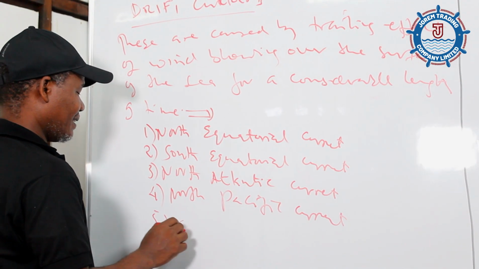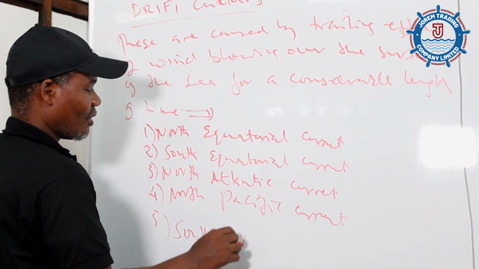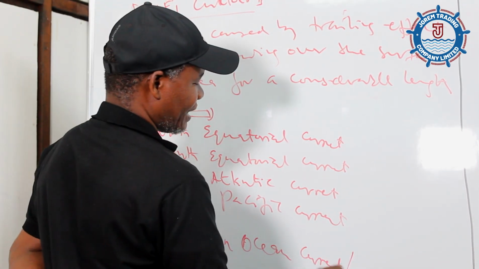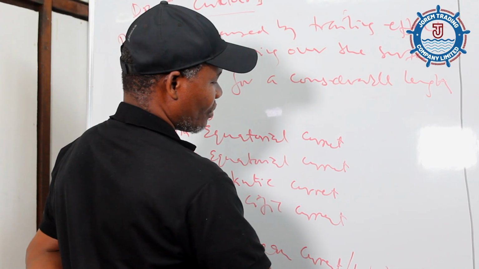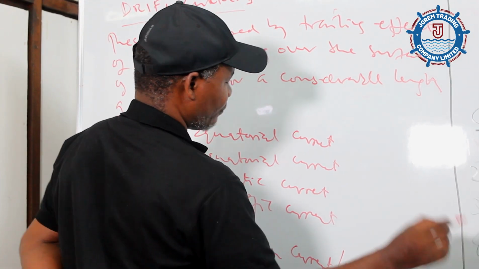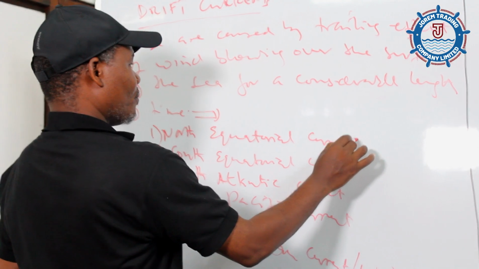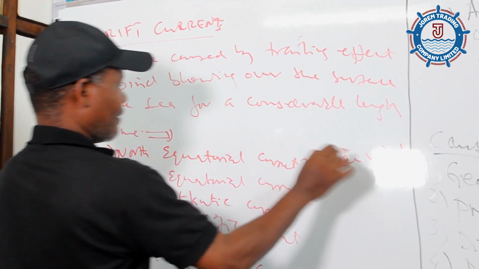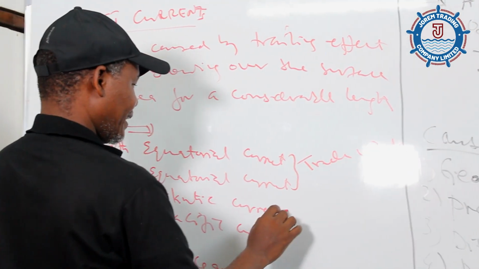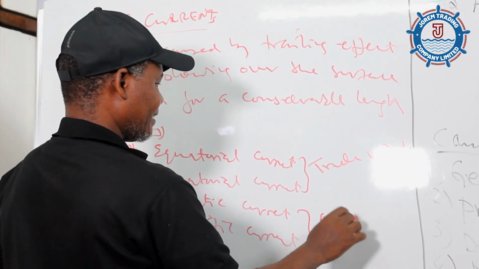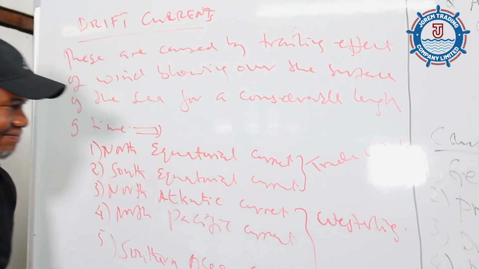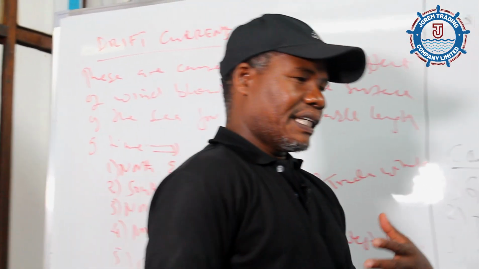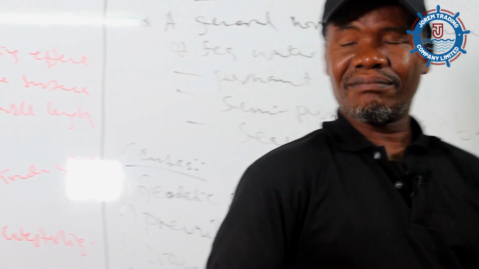And we have the Southern Ocean current, which sometimes is known as west wind drift. The first two are caused by trade winds. The rest are caused by westerlies. Some other winds are called westerlies. So these are the examples.